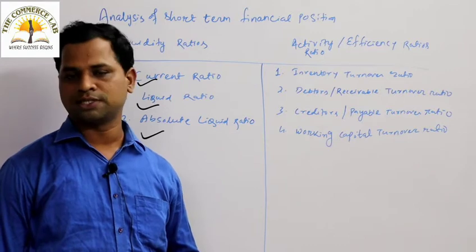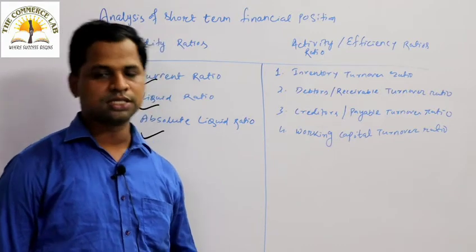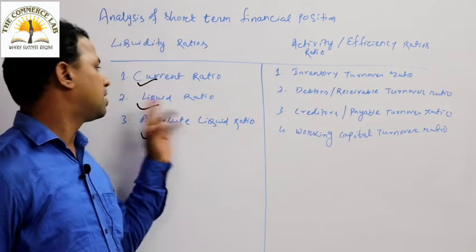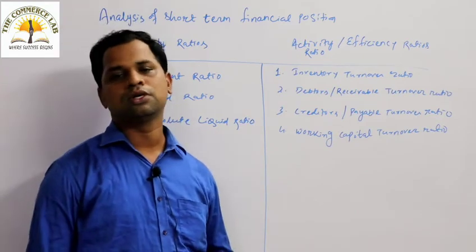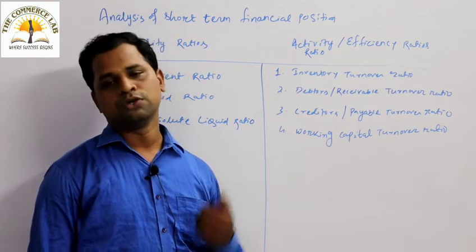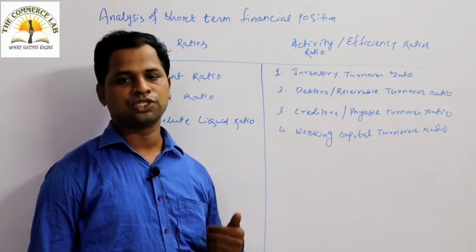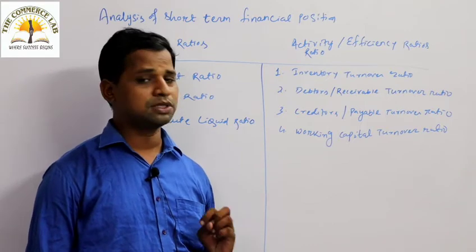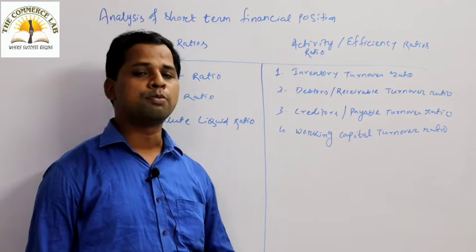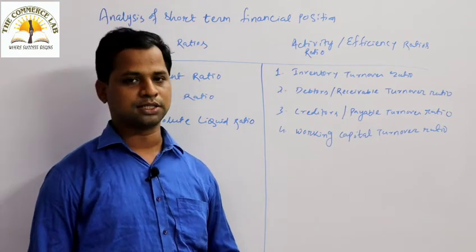So the acceptable rule is that the current ratio should be 2:1. Thereafter, liquid ratio. Liquid ratio shows the relationship between liquid asset divided by current liability. Liquid assets are those assets which can be converted into cash within a period of 1 year, where inventory and prepaid expenses should not be included under the liquid assets.